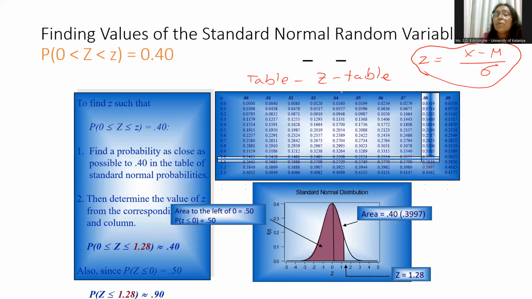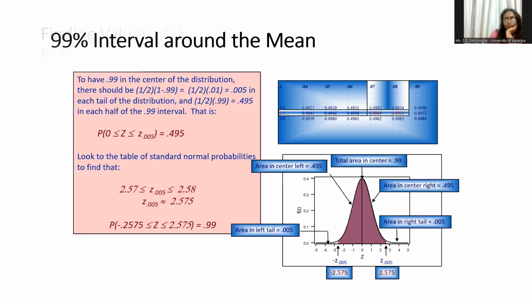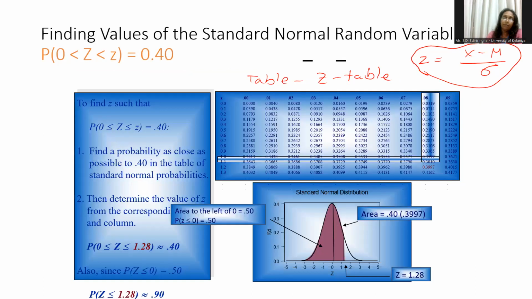This is only one part. So some other shaded area, 0.04, that is 0.3997, and for 1.28 it is like this. I cannot draw or write these; we need to give a table, so find the table.